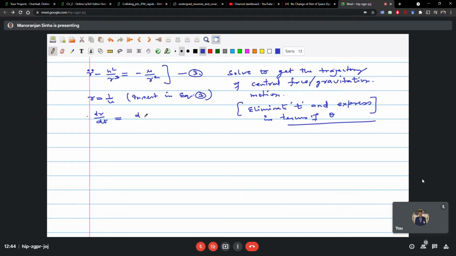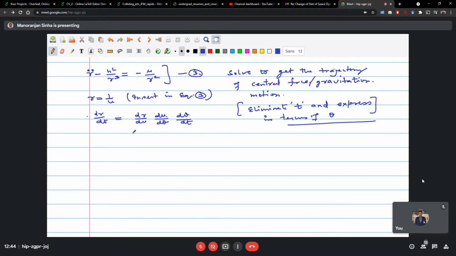dr by dt can be written as dr by du times du by dt, because r is a function of t, and therefore u will also be a function of t. And r is a function of theta, therefore u will also be a function of theta.